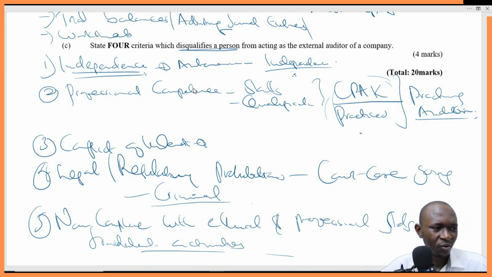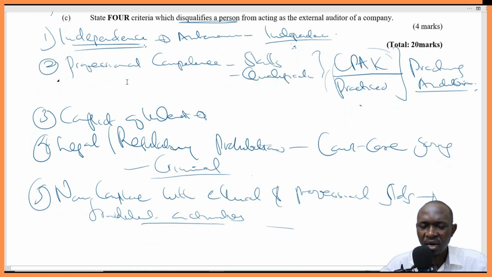If you are an officer or servant of the company, if you are a body corporate, body corporates are not allowed to act as external auditors of the companies. So that is also one of the key points that we need to note. Of course, a relative, I think most of these things we've already discussed. So let's go with these 5 points that may disqualify a person from acting as an external auditor of a company.